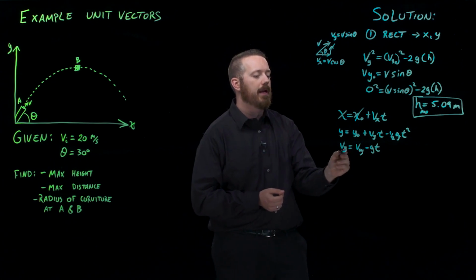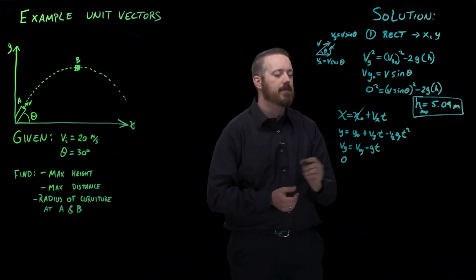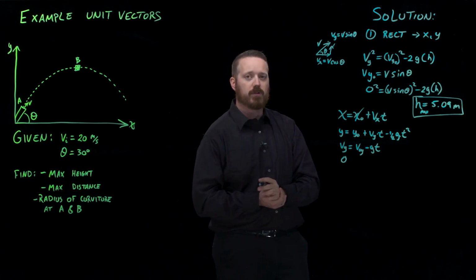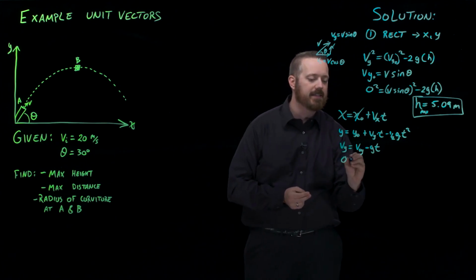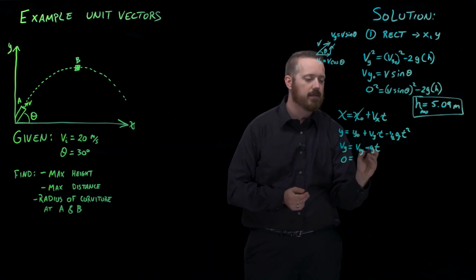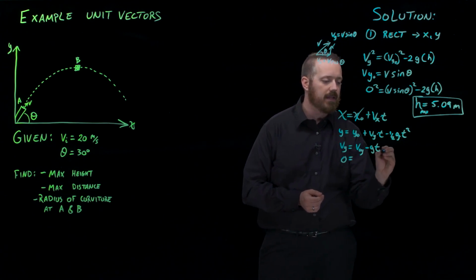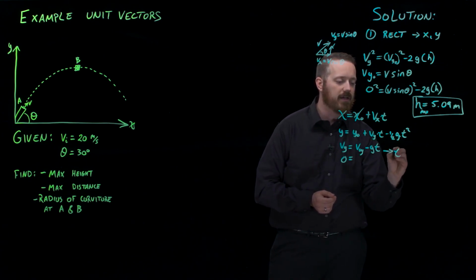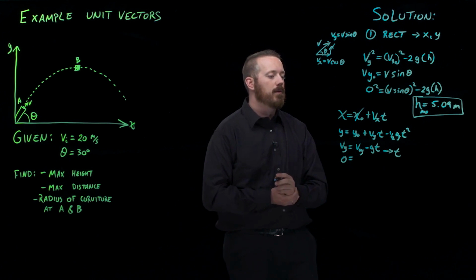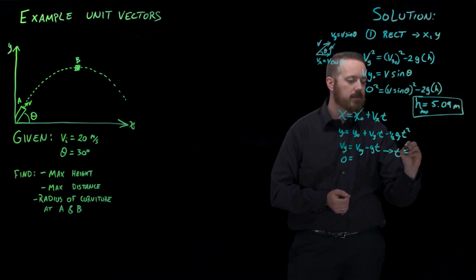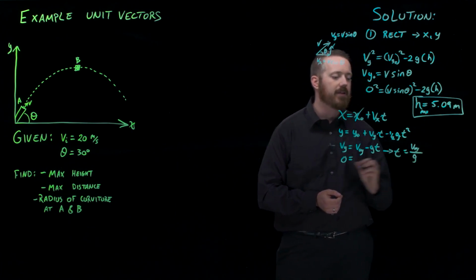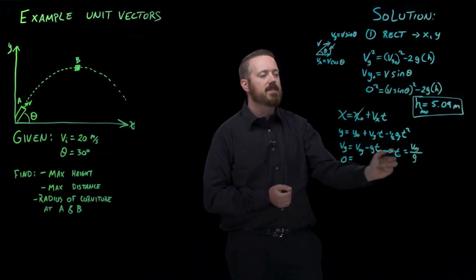If we know that at the height that the particle will travel at point B, we can define the time as its initial velocity minus gt. That allows us to define a value of t that is the initial velocity in the y direction divided by gravity.